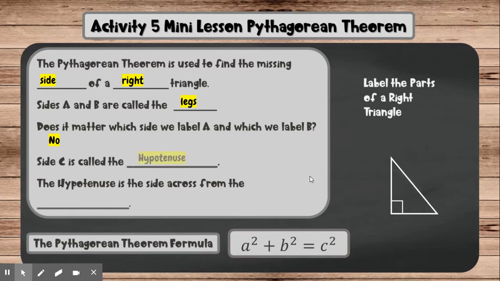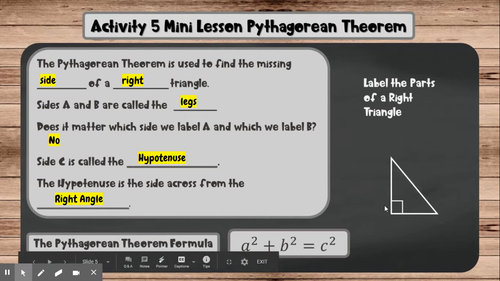Side C is called the hypotenuse. The hypotenuse is the side across from the right angle. I always like to use this as an arrow that points the way towards that longest side that doesn't touch the square, and we call that the hypotenuse.